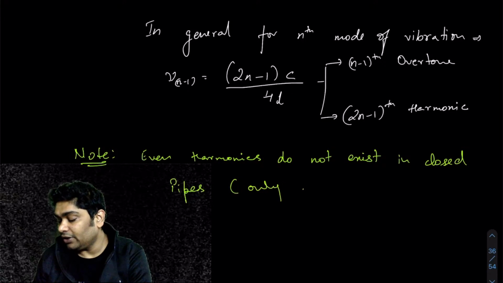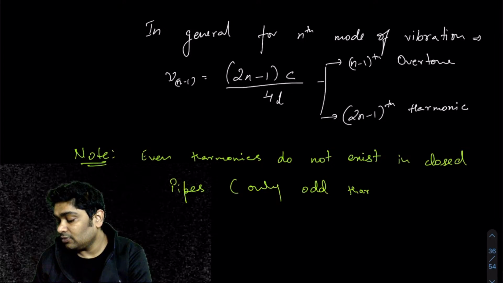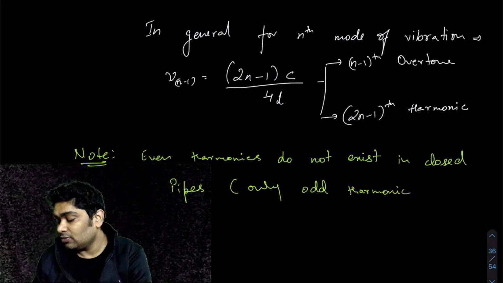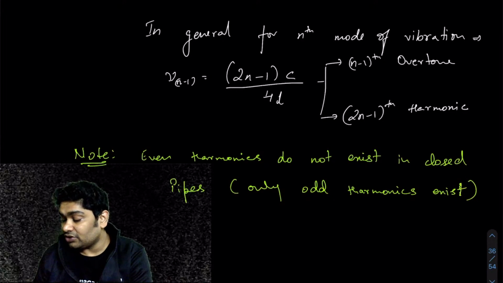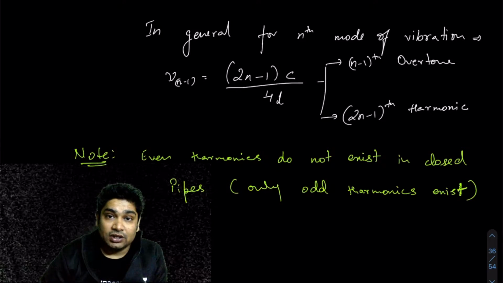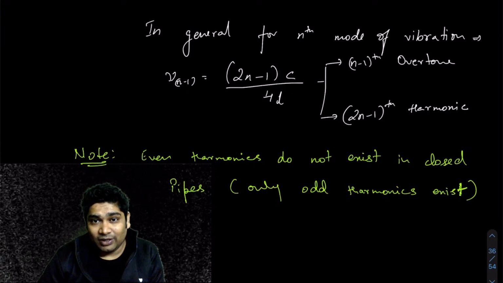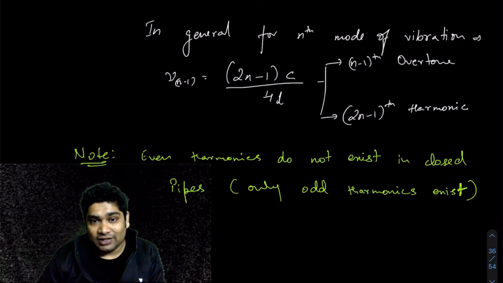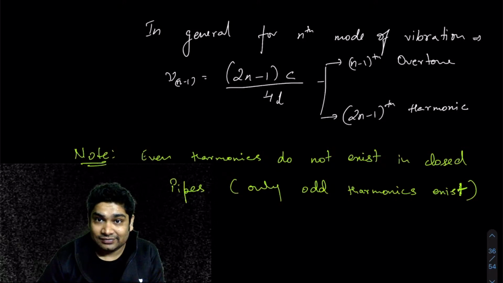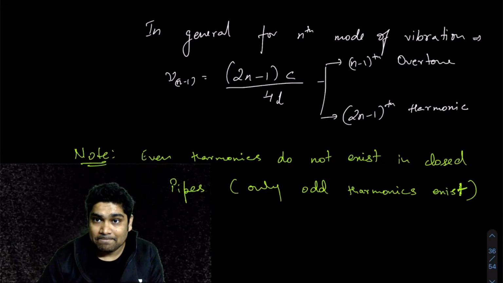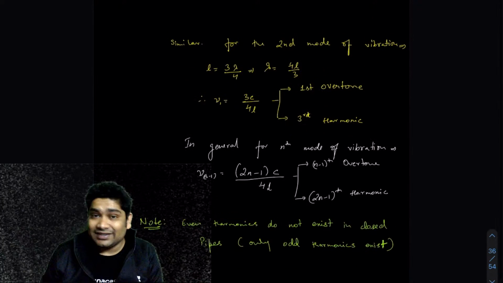The odd harmonics exist. For a string, if you will remember, you had all sorts of harmonics. So you had the first harmonic, the second harmonic, the third harmonic, and fourth harmonic, and so on. Okay, here that is not the case. All right. So remember these terms.